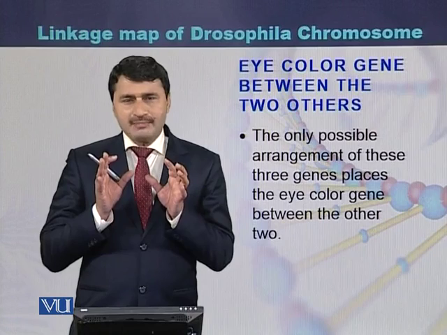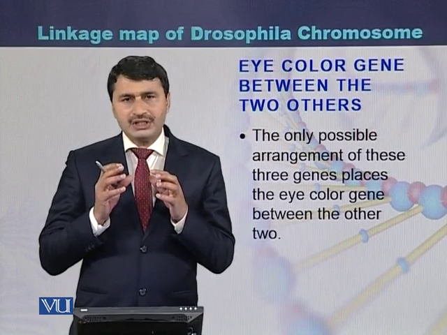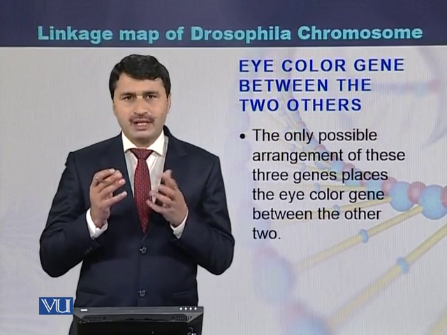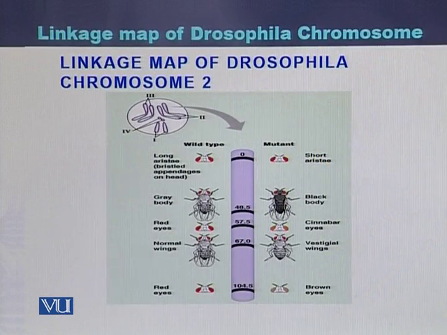Then a genetic map according to the recombination frequencies was possible. This is the linkage map of Drosophila chromosome 2.